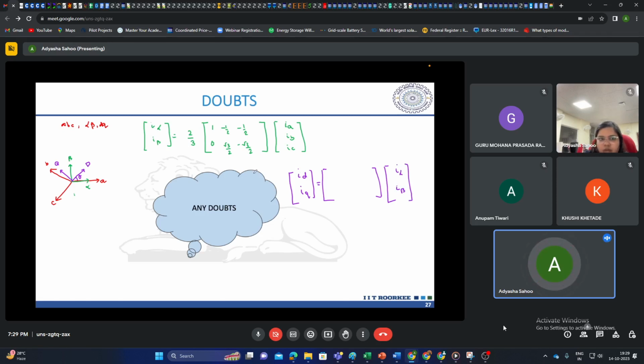So basically, if I decompose them, here you will get cos theta and minus sine theta.